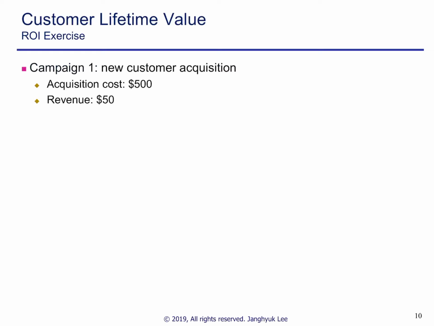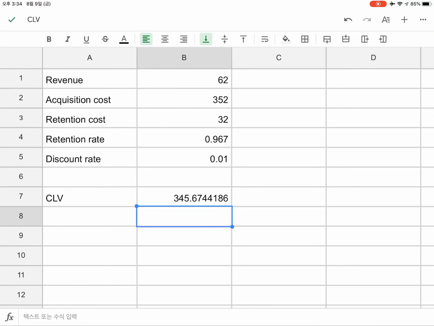And each customer acquired by the new campaign will generate $50 per month. The rest of the key performance indicators remain the same. So, are you going to execute this new customer acquisition campaign? Before doing that, you can go back to the CLV assessment of what we have done.